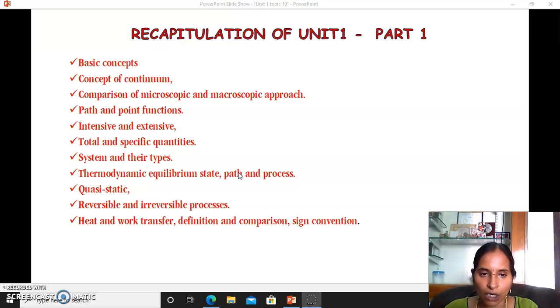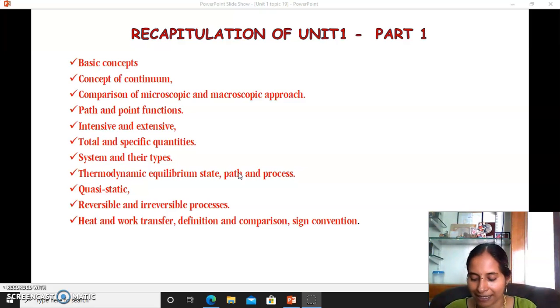For gases, two specific heats are quoted, namely specific heat at constant pressure Cp and specific heat at constant volume Cv. For air, the value for Cp is 1.005 kilojoules per kilogram Kelvin, and Cv is 0.718 kilojoules per kilogram Kelvin.